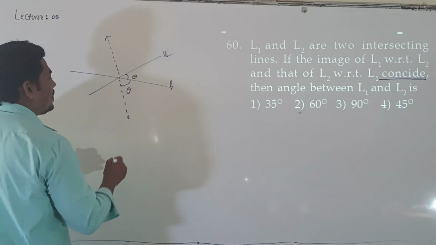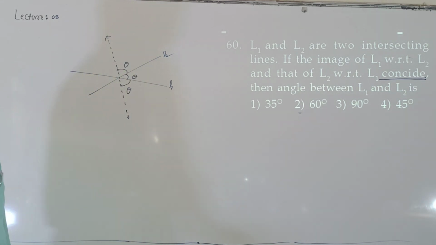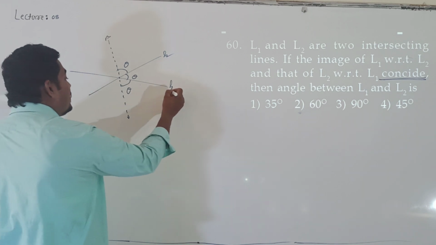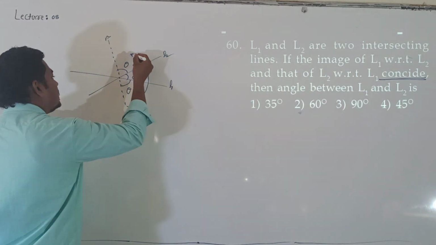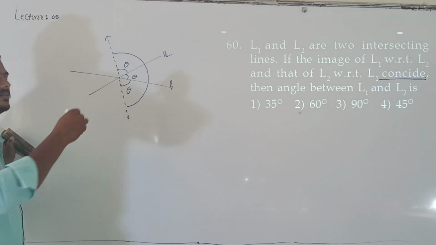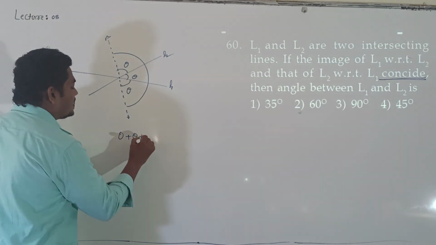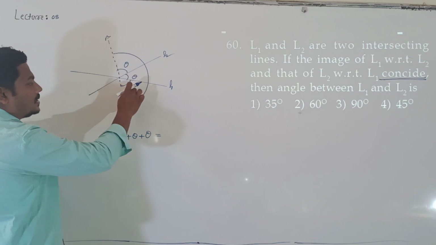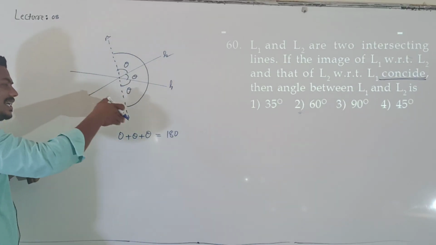This is also theta, because their images also make the same angle. This angle is also theta. Then tell me, what is the angle between L1 and L2? Already we know this angle is 180 degrees, because it is a straight line. Theta plus theta plus theta is 180 degrees, because it is a straight angle.